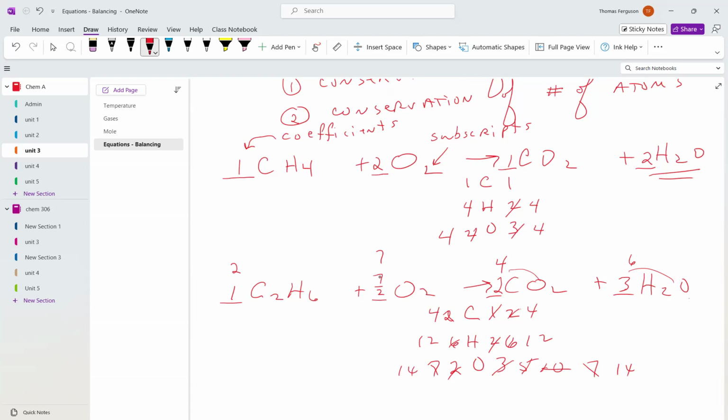So this takes practice. If you've never done this before, you need to do a jillion of these. That's what the dry lab next week is all about. Practicing balancing equations. Now you're going to be overwhelmed when you see the number I have in that worksheet. There's a lot of them there.